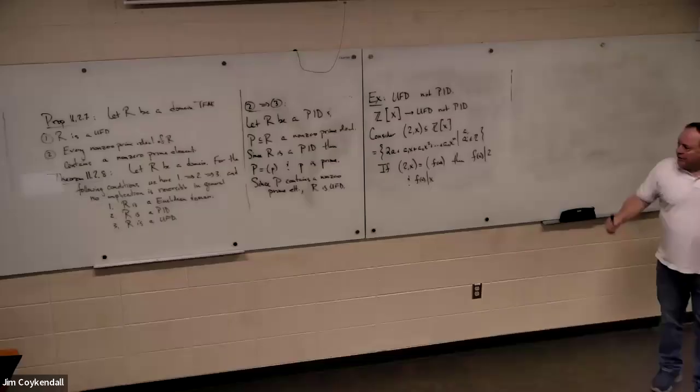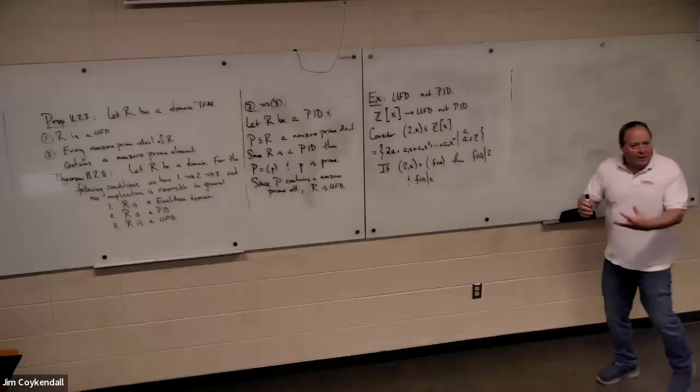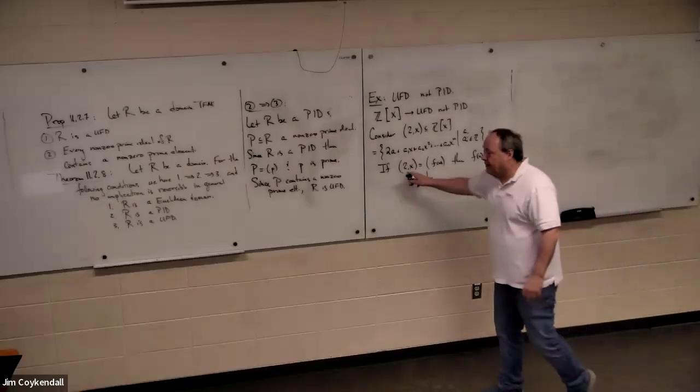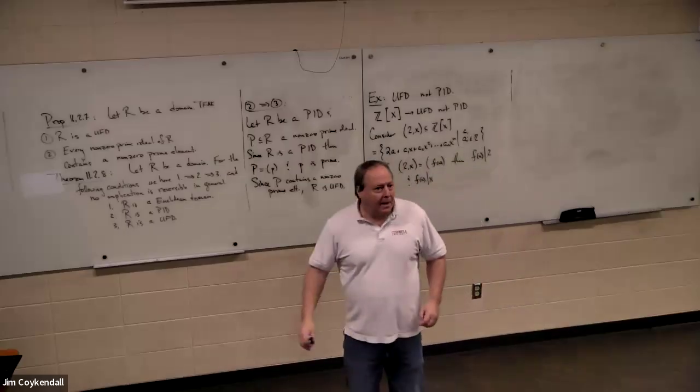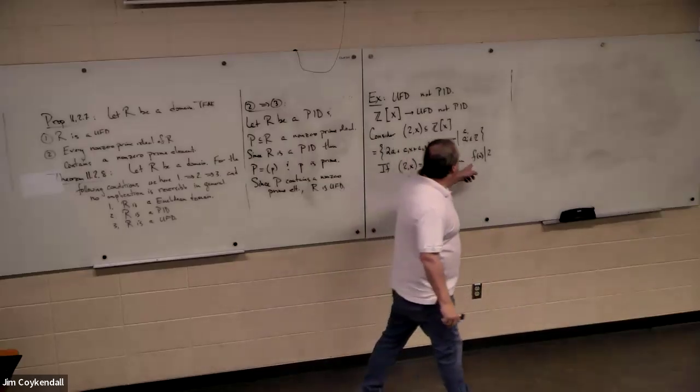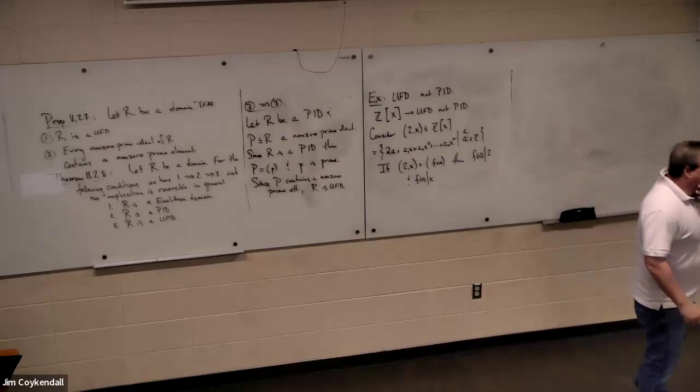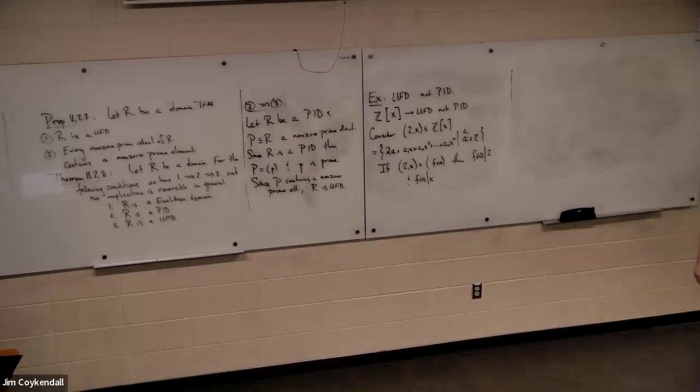Everybody agree with that? Because if there's a single generator, it must generate both the 2 and the x, right? Now, since f(x) divides 2, what can I conclude about the degree of the polynomial? You've got no choice but for the degree of f(x) to be 0.